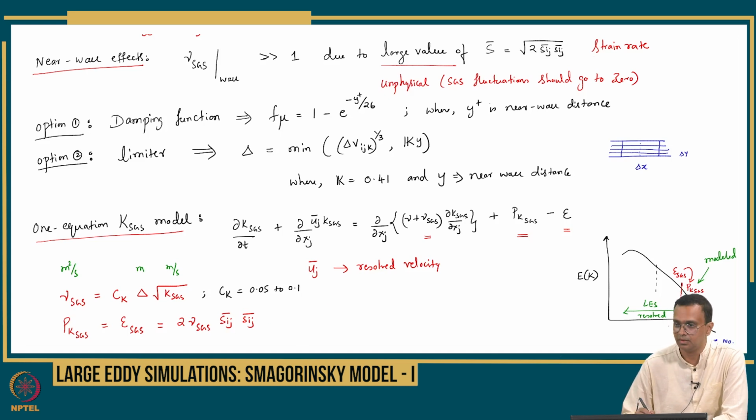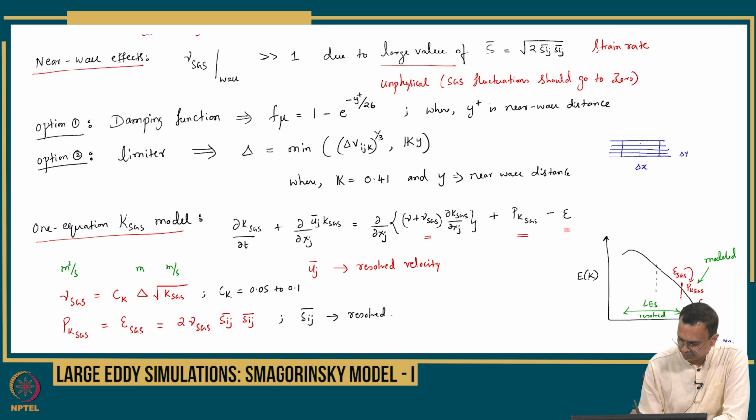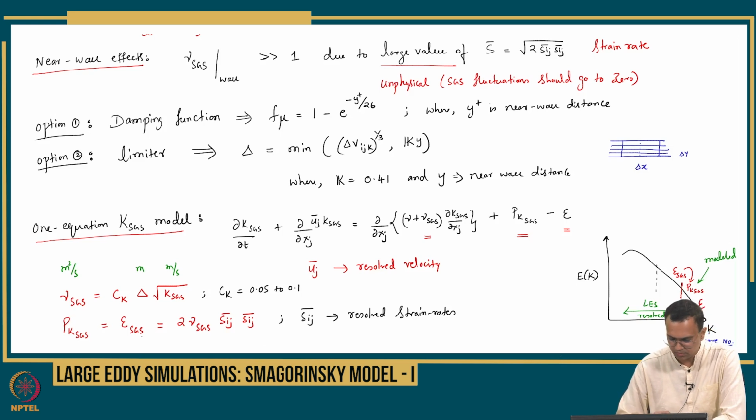Here this is the filtered strain rate. S_ij bar is, you can say, the resolved strain rates. ν_SGS is known, so P_kSGS is set equal to epsilon_SGS here.